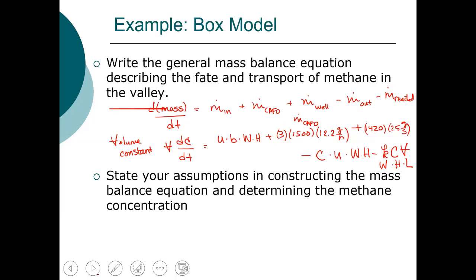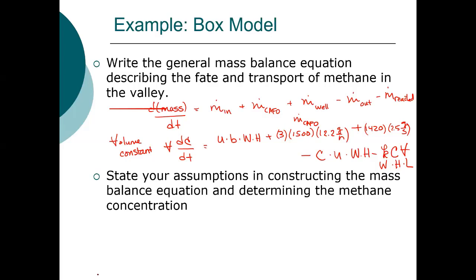So we wrote the general mass balance equation for the fate and transport of methane. So we said that the change in mass with respect to time is equal to the mass rate in plus the mass rate from the CAFOs plus the mass rate from the wells minus the mass rate out minus the mass rate reacted.